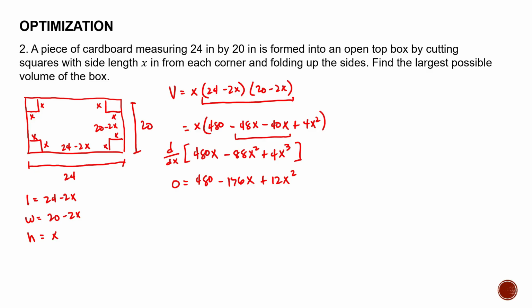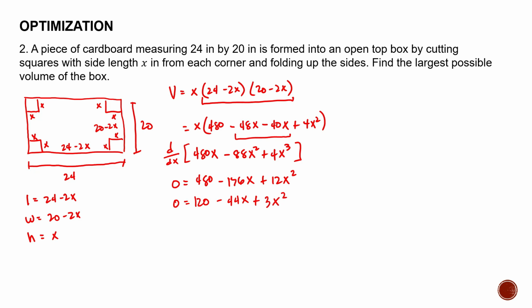And then let's check if we can simplify this equation. Okay, I believe all of these three terms are divisible by 4. So let's divide all of them by 4. So 480 divided by 4 is 120. This is 44x plus 3x squared.